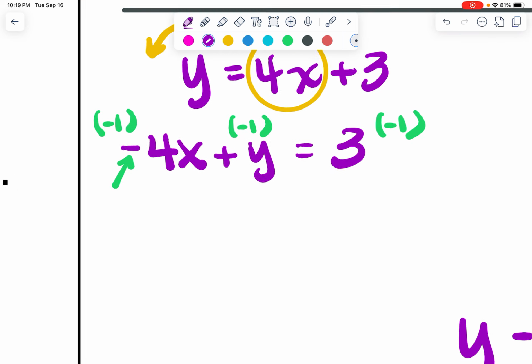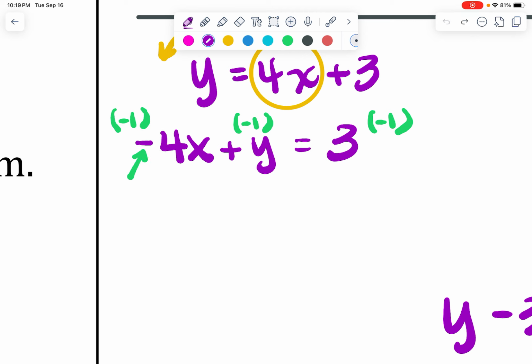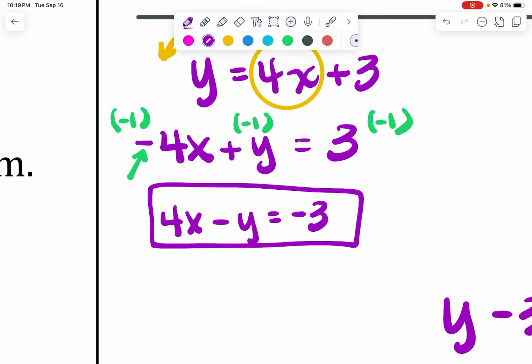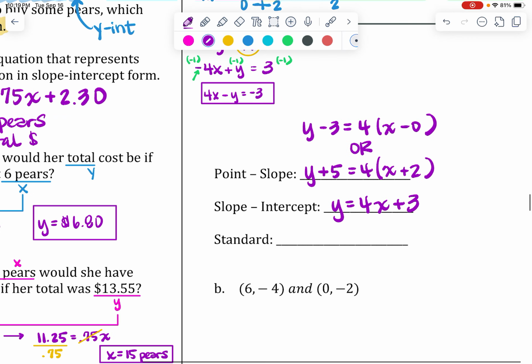It's the same effect. A negative times a negative is a positive, and that's what gives me positive 4x. But then my y is a negative y, and my 3 is a -3. And so that's going to be my standard form. 4x minus y equals -3.